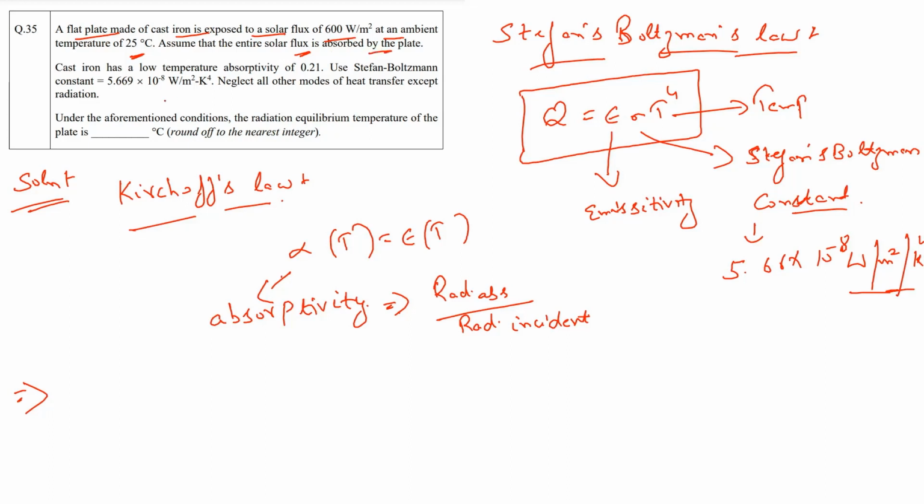Cast iron has a low temperature emissivity of 0.21, and the Stefan-Boltzmann constant is as we have just read. Neglect all other modes of heat transfer except radiation. Using these conditions, we have to calculate the radiation equilibrium temperature of the plate in degrees Celsius.